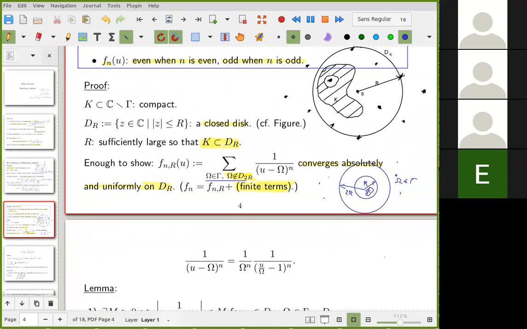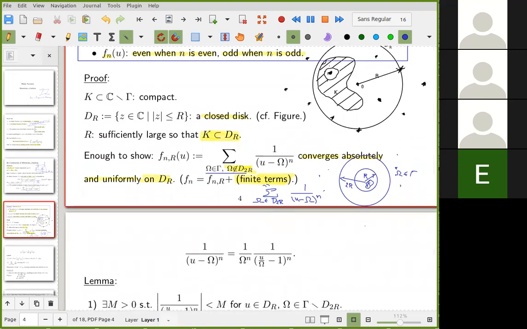Of course, if n is recovered by adding such finitely many terms, this omission of these terms does not affect convergence.